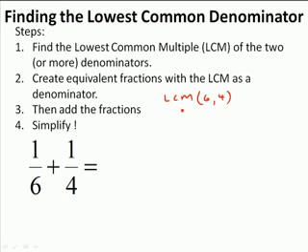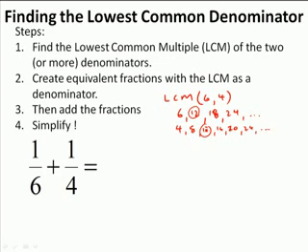So write out the multiples of 6: 6, 12, 18, 24, etc. Multiples of 4 are 4, 8, 12, 16, 20, 24, etc. So yeah, 24 is a common multiple, but it's not the lowest. The lowest common multiple is 12. So I need to make equivalent fractions with a denominator of 12.